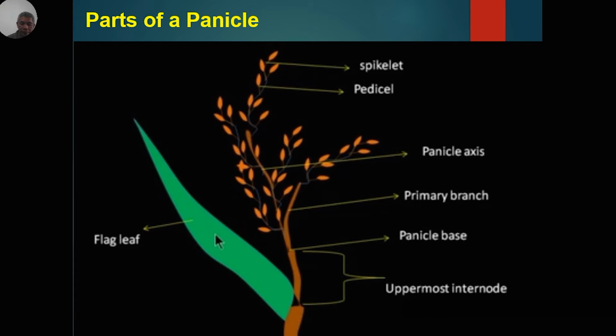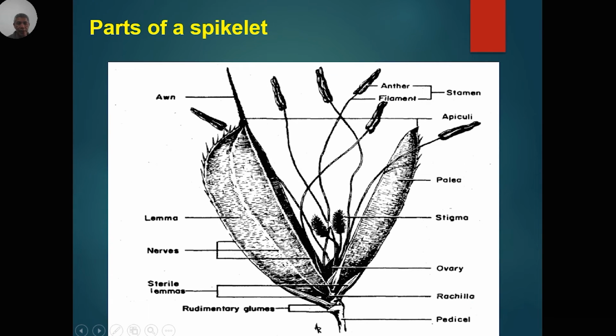Okay. Now, with regards to the spikelet, this is a complete structure of the spikelet. The spikelet is a structure of the rice plant which contains the floret or grain and of course the pedicel.